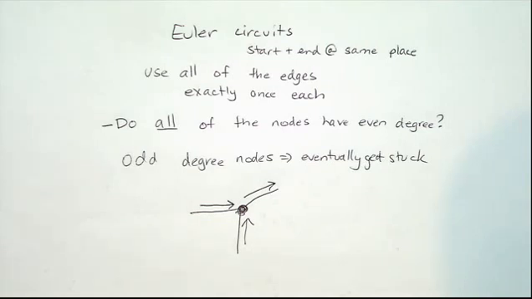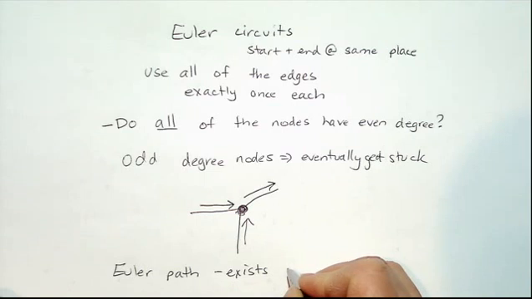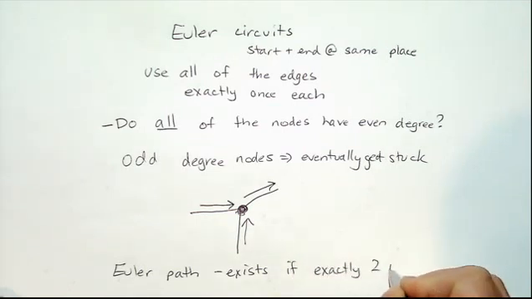There's one special kind of Euler path. It is okay to have exactly 2 odd degree nodes, and then you can have an Euler path that starts and ends at different places. So just like Hamilton paths, we can have Euler paths. So an Euler path exists in a graph that has exactly 2 nodes with odd degree.